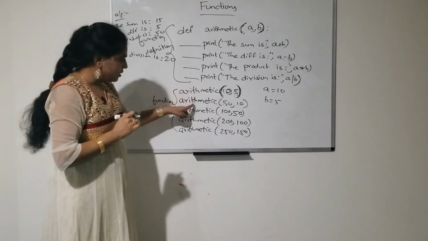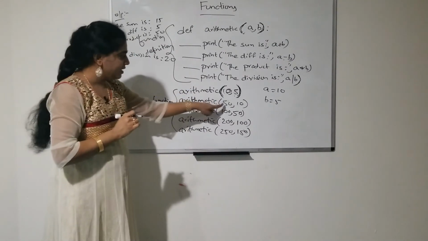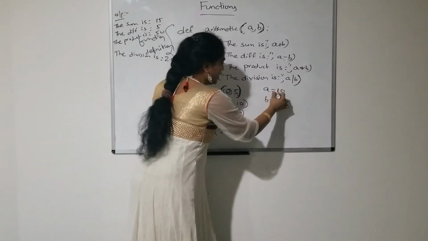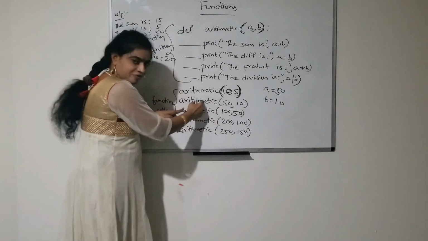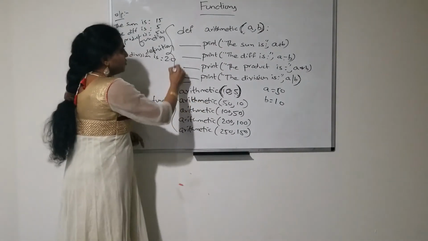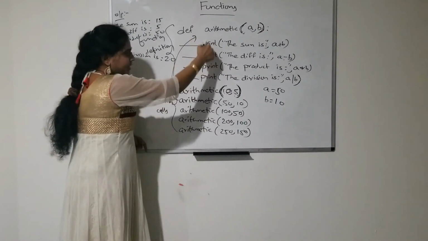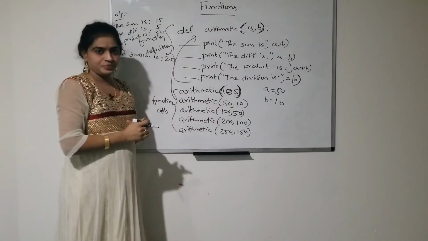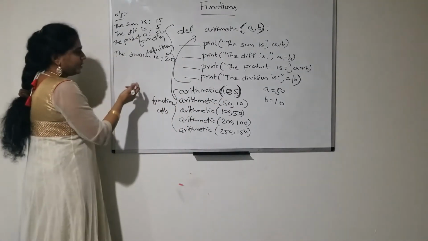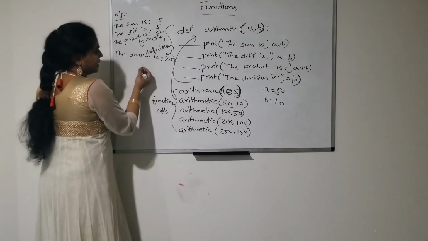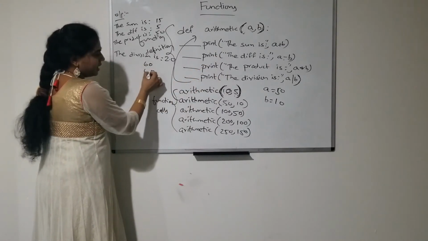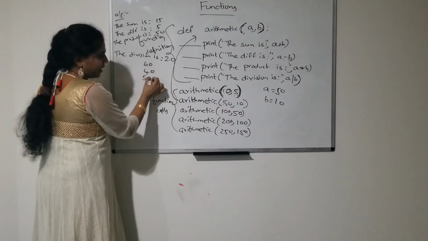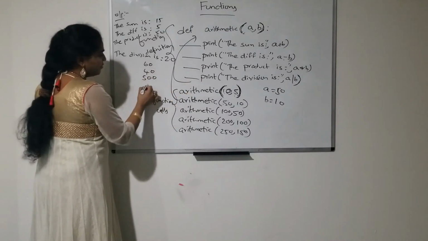Next it comes to the second function call. Now A is assigned with 50 and B is assigned with 10, right? Whenever a function is called, the cursor goes to the function definition and executes all these statements with these values. So the second output: the sum is 60, the difference is 40, the product is 500 and the division is 5.0.